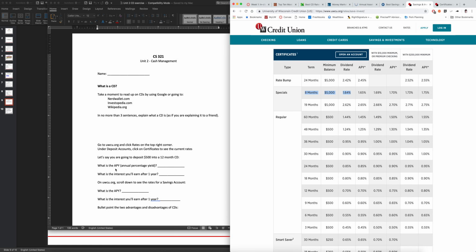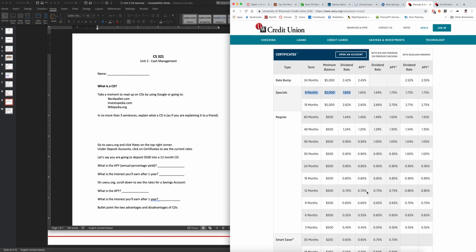It wants to know what's the APY for a 12-month CD with a $500 deposit. And let me help you with that. 12-month CD APY. We're ignoring these rates because we're not going to have a $10,000 minimum or a premium checking account or a $250,000 minimum. We're just going to stick with this column. So there's your APY on a 12-month CD.